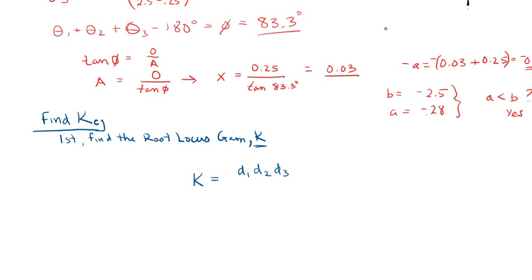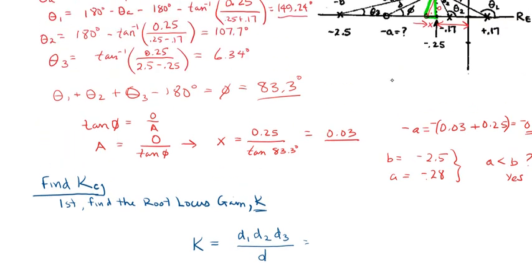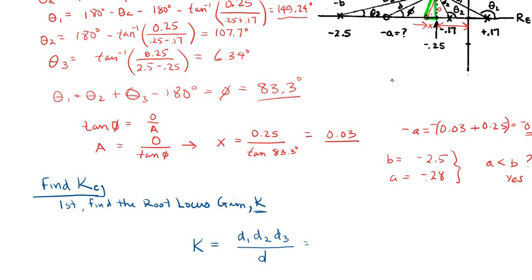D3 is the location of B, and that's divided by the zero distances, which of course would be the location of A. So that's just, that distance is just D. So if we calculate these things out, we basically are just using the triangles created in our diagram, because we know each triangle, we know the opposite sides, it's always 0.25, and we know the adjacent sides, and then we use it to find the hypotenuse.